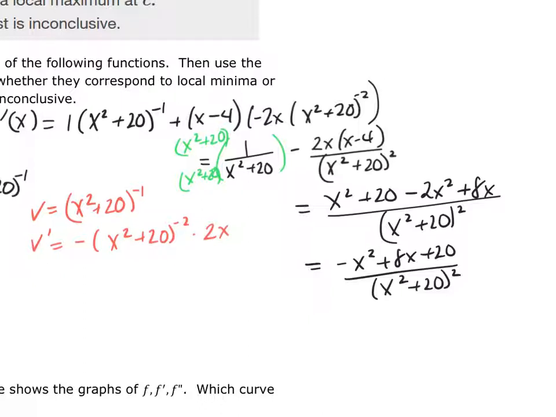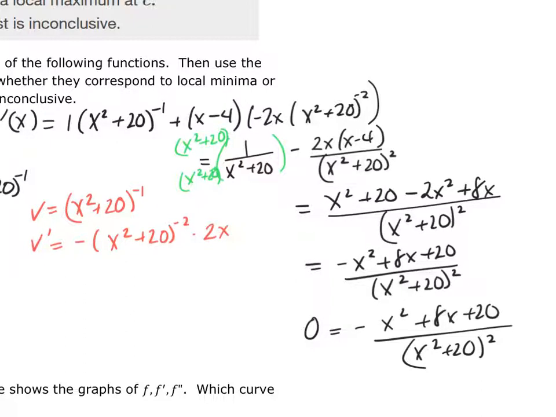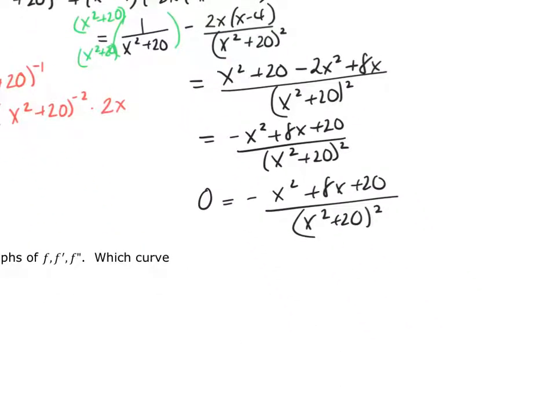Okay, so now I'm going to set this thing equal to 0 and see if I can figure out some critical points. So 0 is equal to negative x squared plus 8x plus 20 over x squared plus 20, the quantity squared. I'm going to multiply both sides by the denominator, and when I do, I am just in a land of quadratics, which we like. So 0 is equal to negative x squared plus 8x plus 20.